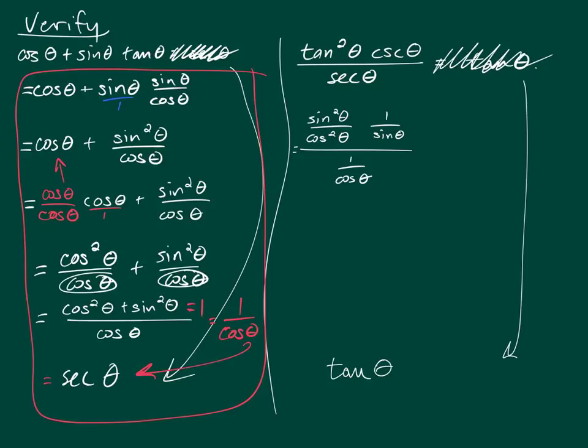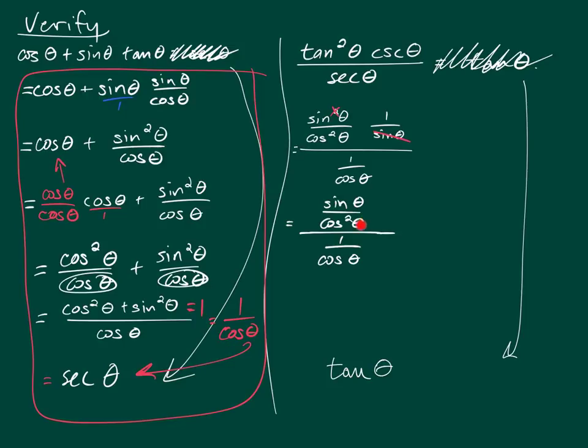Well, before you get all jumpy and trying to find an LCD here of these little fractions, you may also want to notice before any of that a sine will cancel here. So I can cancel one sine here and this sine here. That leaves me with this.